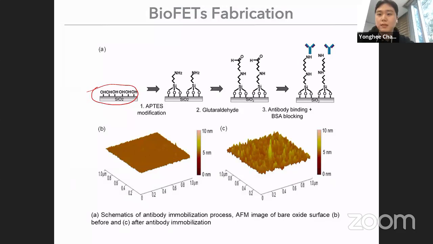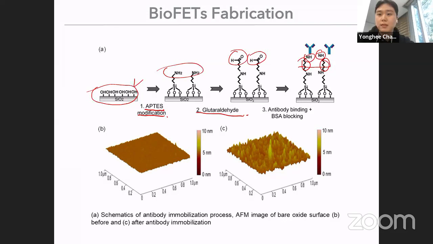After APTS modification, it displaces the hydroxy group with an amino group, and then we use GA to attach the carbonyl group to the amino group like this. Finally, the amino group in the antibodies reacts with the carbonyl group on the surface. This is a bond.